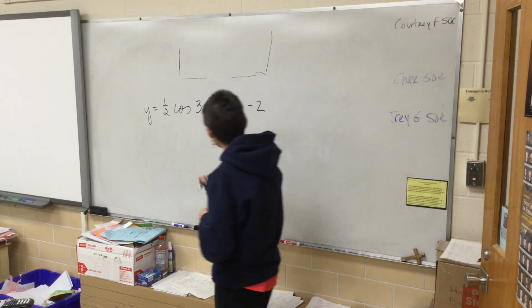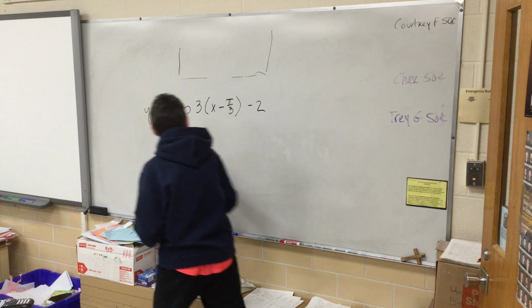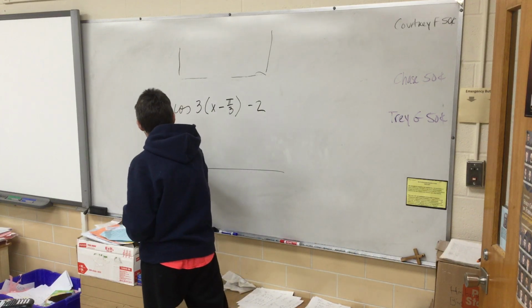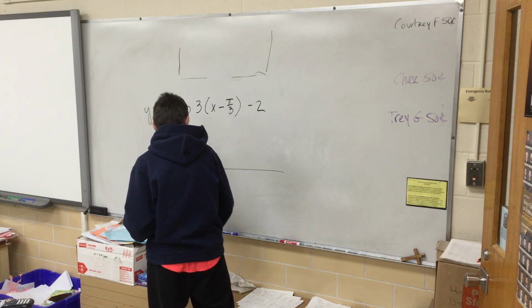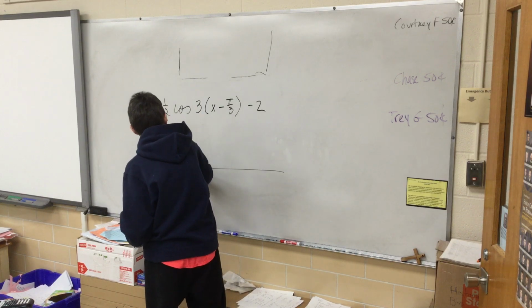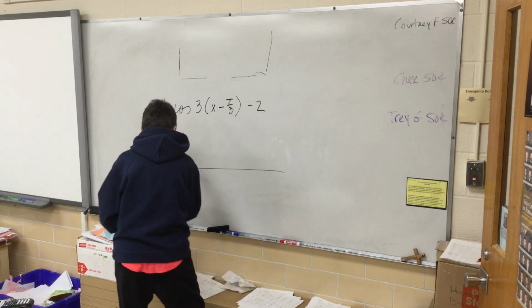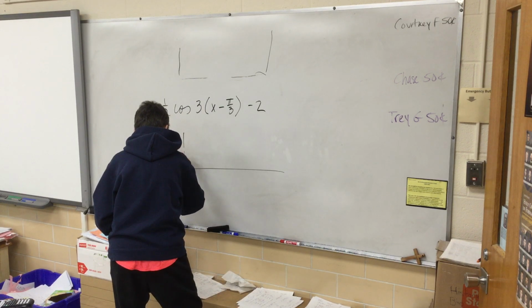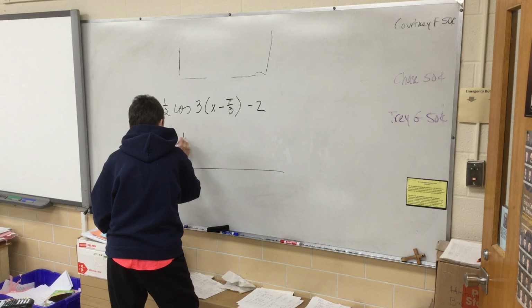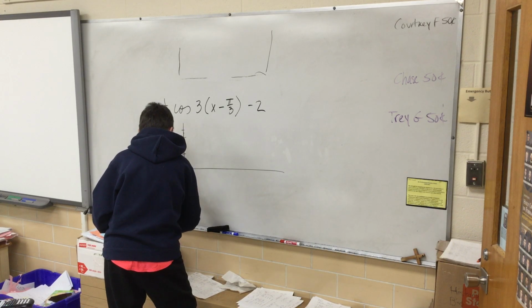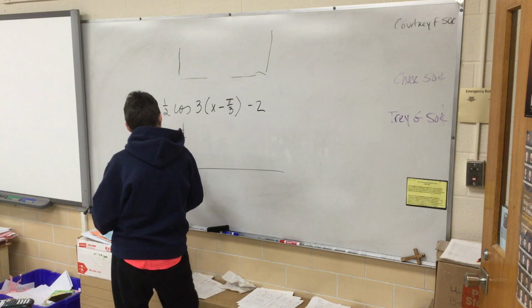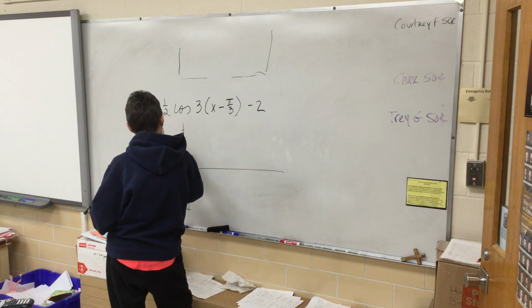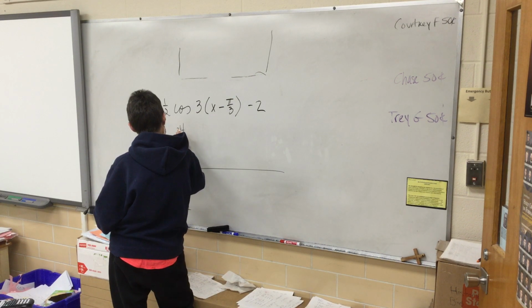Okay, so now I got a cosine curve with an amplitude of 1/2. Okay, I'm going to change my scale here a little bit, because you can see what's coming. Okay, so this is a half and 1 and 1 1/2 and 2 and 2 1/2.